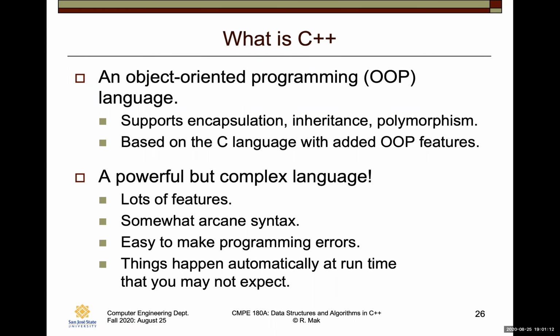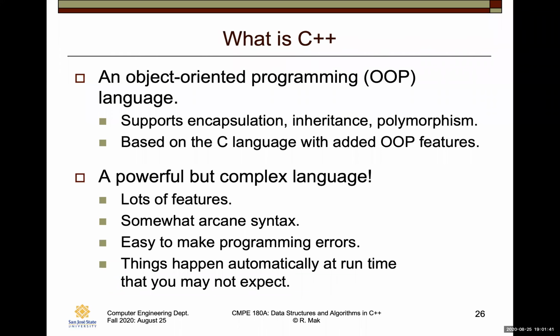Somewhat arcane syntax, and the reason is because the C language had kind of an arcane syntax, and because C++ is built on top of C, it inherited that syntax. And so you're going to find that, to specify certain things, you have to do things in kind of an odd way.